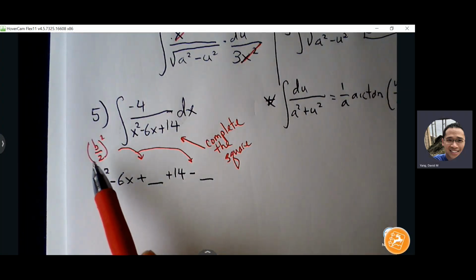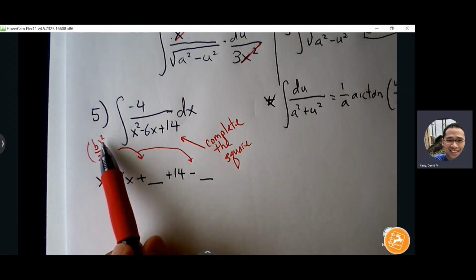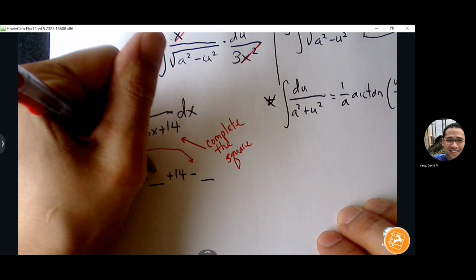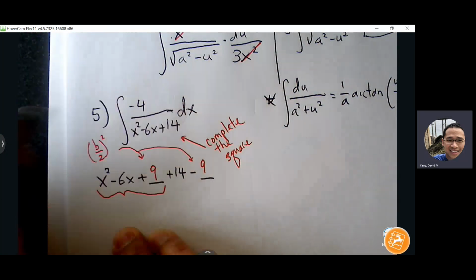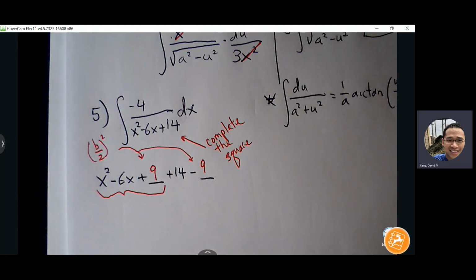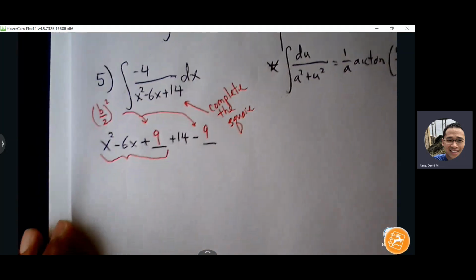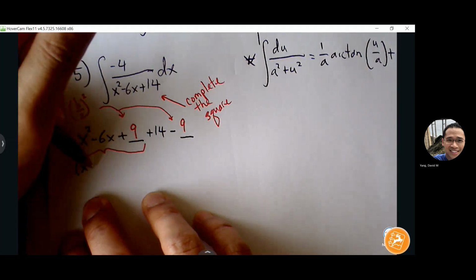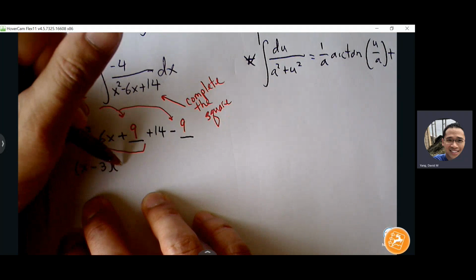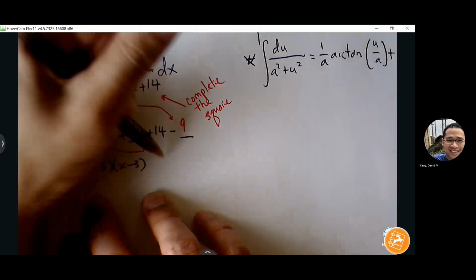What's my b value? 6. 6 over 2 is 3. 3 squared is 9. So that allows us to factor this cleanly. What multiplies to be 9 and adds up to be -6? -3 and -3.